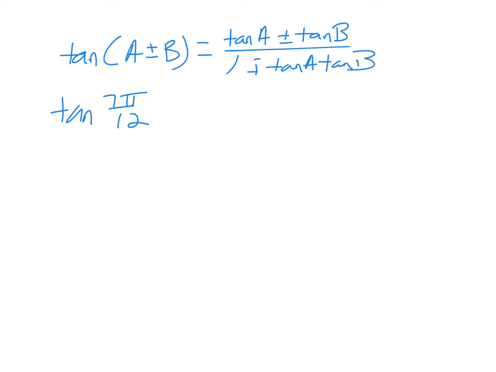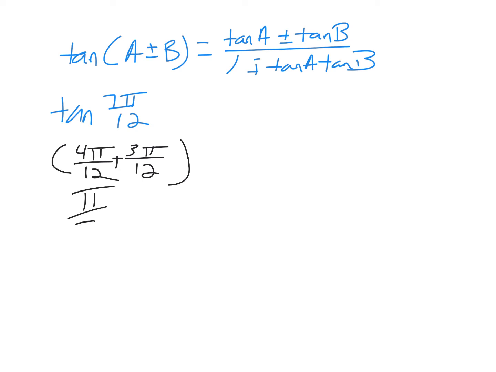So what two values can we add or subtract to get 7 pi over 12? Kind of have to work backwards a little bit here. So I'm thinking 4 plus 3 is 7. And that reaches down to pi over 3 and pi over 4. So it'll be tan of pi over 3 plus pi over 4.